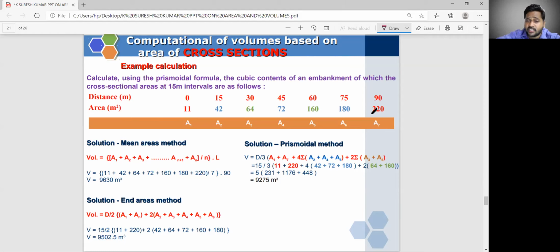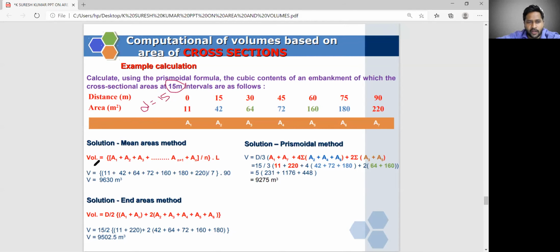So we know the distance d. Here your d is 15. How am I calculating the difference? The interval is given in the problem, that is 15 meters.